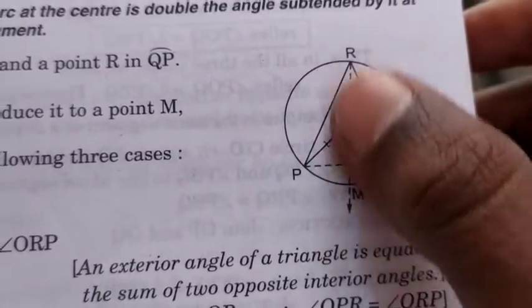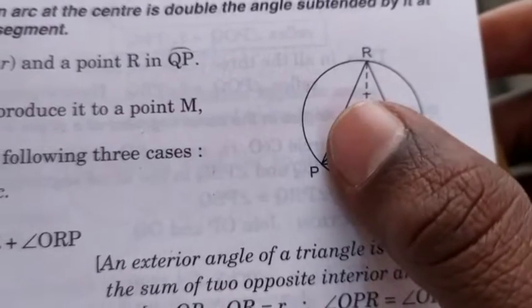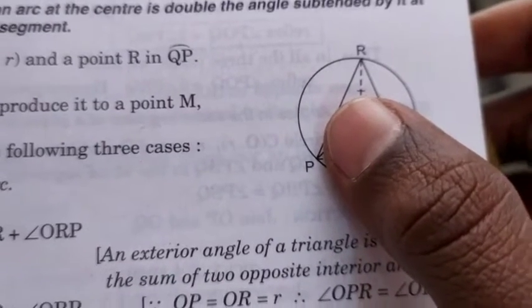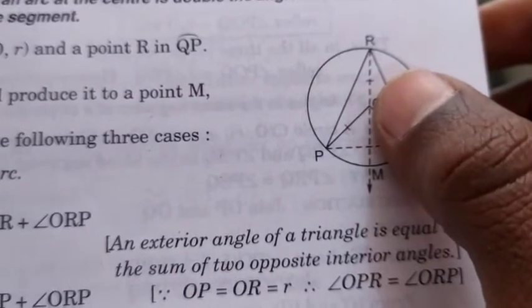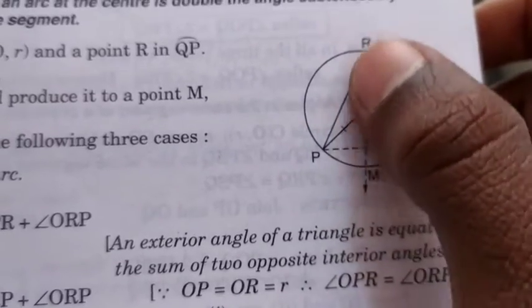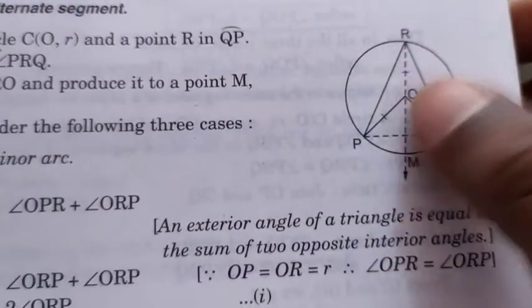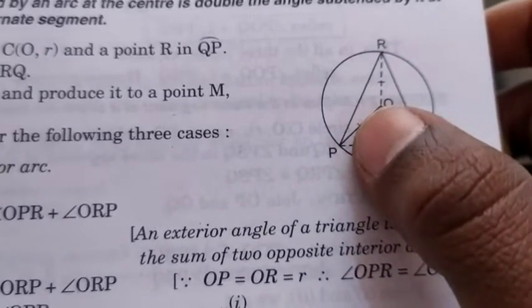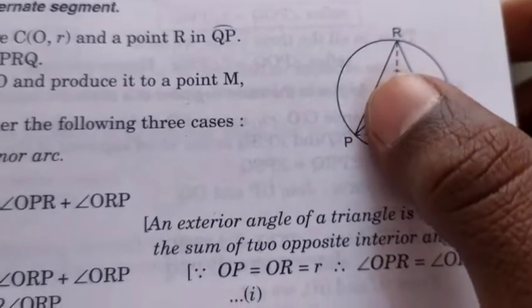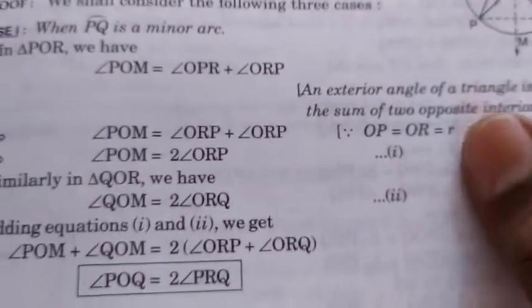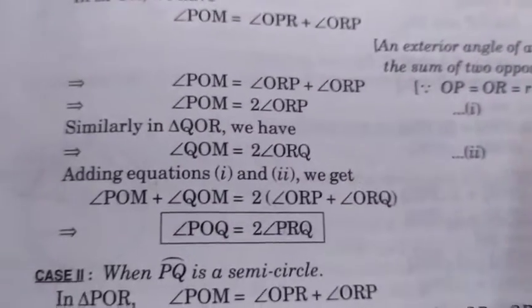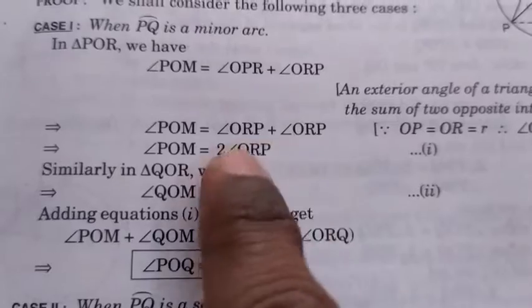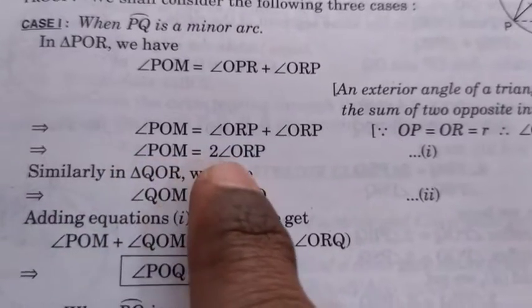As we know, OP and OR are the radii of the circle, and radii are the same. So OR and OP are equal sides, and angles opposite to equal sides are also equal. We have studied this in the triangle chapter, so recall all the previous knowledge. So these two angles are equal, so angle POM equals 2 times angle ORP.